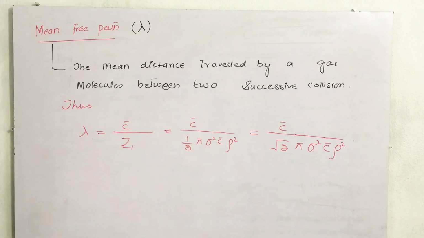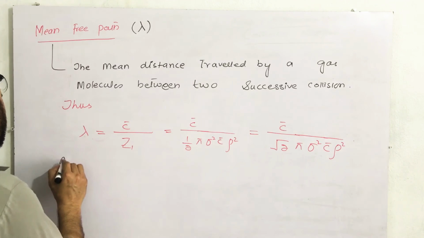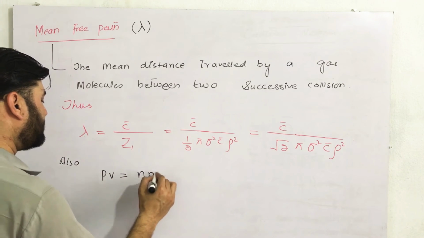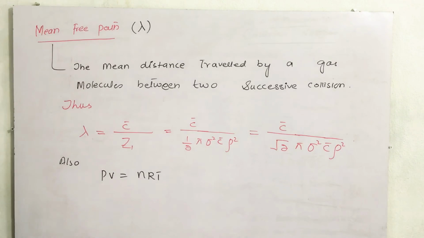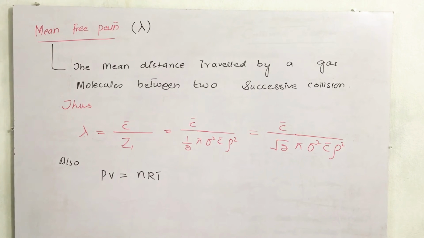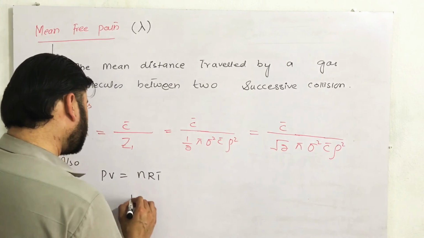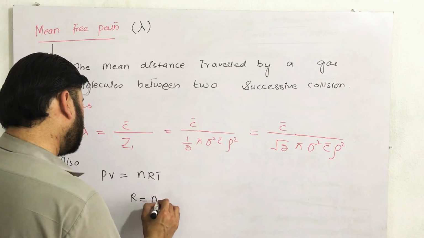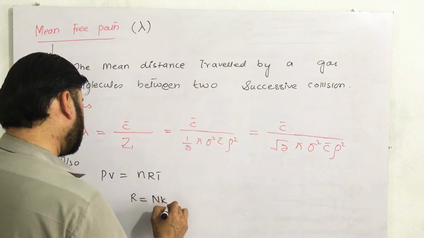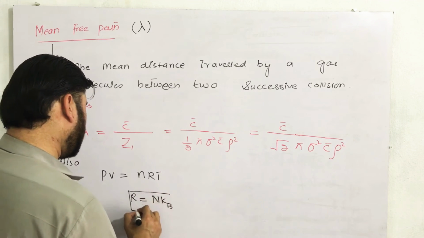We can also say that PV is equal to nRT, and what is the R? In the previous lecture we have discussed nRT. So what is the R? R is basically N A K B, where K B is called Boltzmann constant.